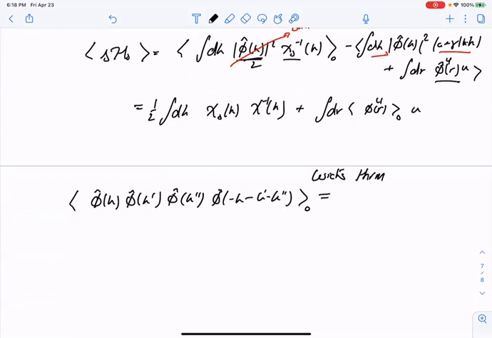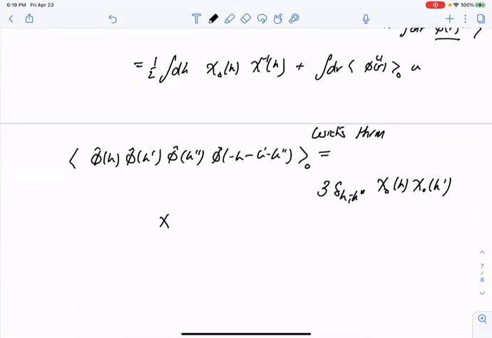There's essentially 3 ways to pair the 4 phi terms into products of 2-point functions. This will give us 3 times a delta function for that, and then chi naught evaluated at k and chi naught evaluated at k prime. This is like saying that for a Gaussian random variable, x to the 4 is equal to 3 times x squared, squared.